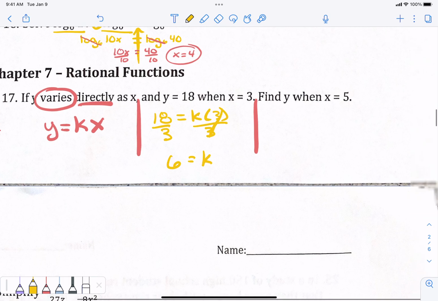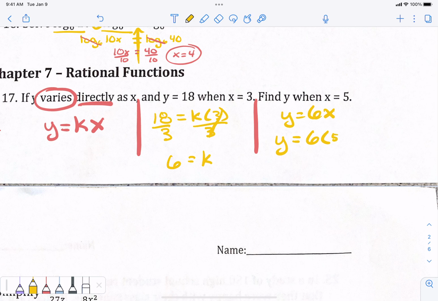Now I have y equals 6x, because we know that k is 6 now. Now find y when x is 5. Y is 30, and that's my final answer. But you have to go through all the steps. You have to solve for k first, your constant, so that you can solve for the next piece. Make sense? Okay, good.